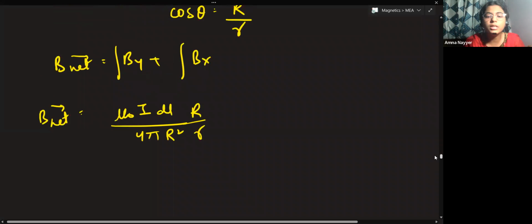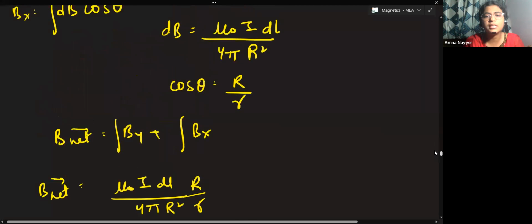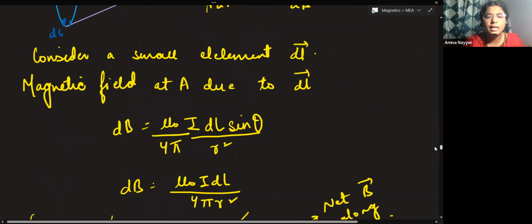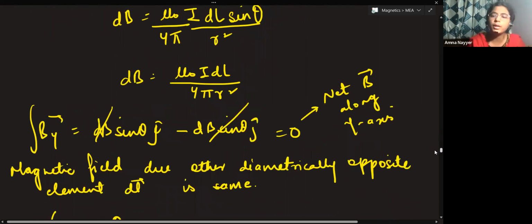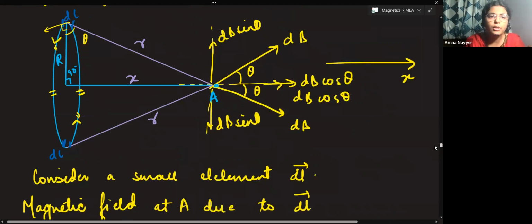One more thing before this gets cancelled. See, capital R, we have to put as small r square only in this. We have to take the separation between dl and this point. So the separation between dl and this point, in this derivation, we have taken as small r. So in Biot-Savart's law also, when we are deriving it, we'll take it as small r only, because capital R becomes the radius of the circle, and we do not require the radius.